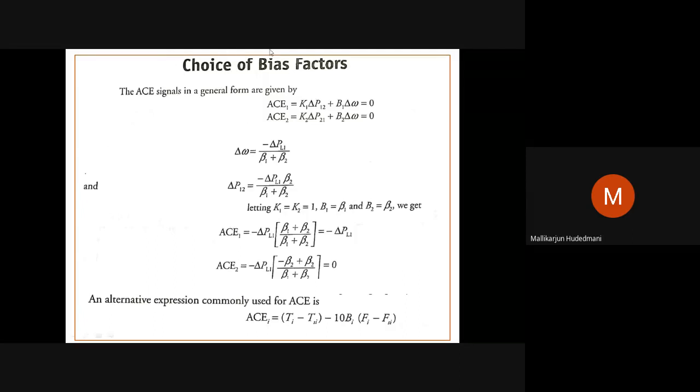So let ACE 1 and ACE 2 be the equations concerned with area 1 and area 2. ACE 1 is given as a gain K1 times delta P12, the exchanged power among the corporations, which is an infinitesimally small change in power, plus beta 1, or you can pronounce it B1, times delta omega. It should be equal to 0.